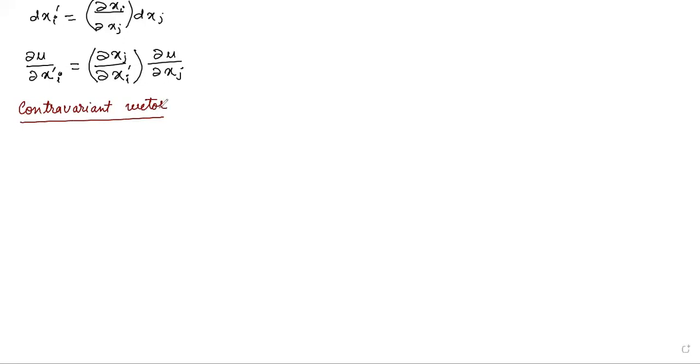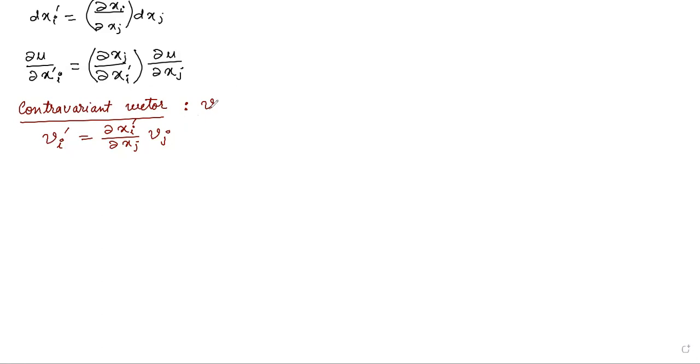Okay. So what is a contravariant vector? The vector V is called a contravariant vector if its components, which are given by V_i, transform according to this rule: ∂x_i prime by ∂x_j V_j. I repeat, if V is a contravariant vector, then the components of V transform according to this rule.